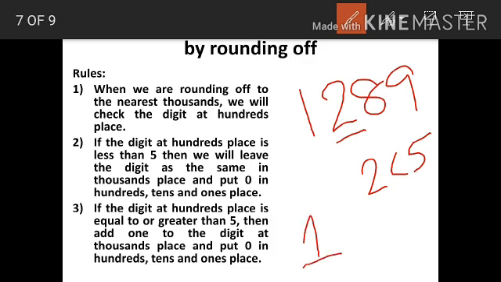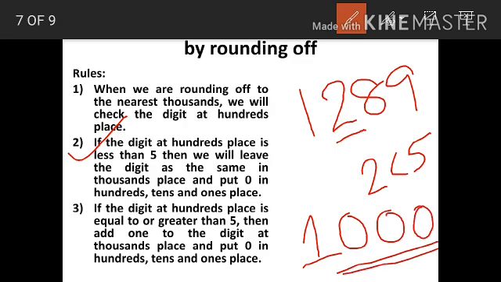And what about the rest? We have to put 0 in the hundreds, tens and ones place. Check rule number 2. You have to put 0 in the rest of the places. So, we'll get the answer as 1000. When we are rounding off 1289 to the nearest thousands, we get the answer as 1000.